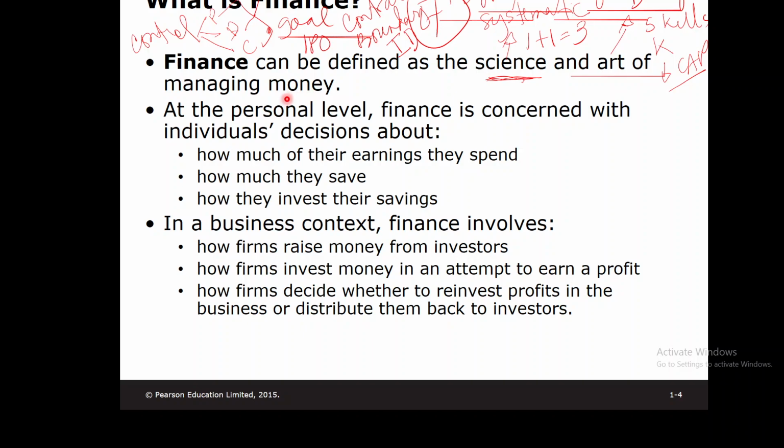It's all about money. Well, that's how it is. When you talk of finance, the first thing that comes to your mind is money. If that is so, then what would be your focus if it is about money? You have financing, you have investing, and you have operating.